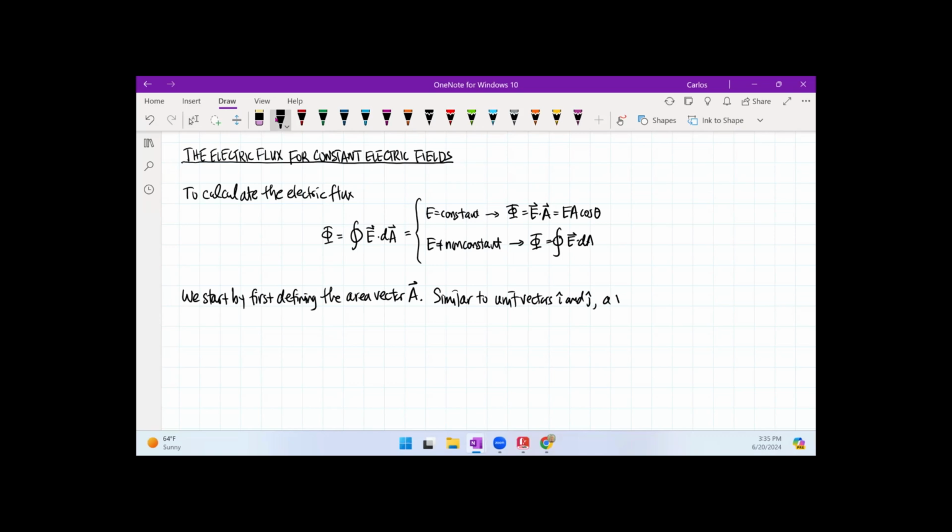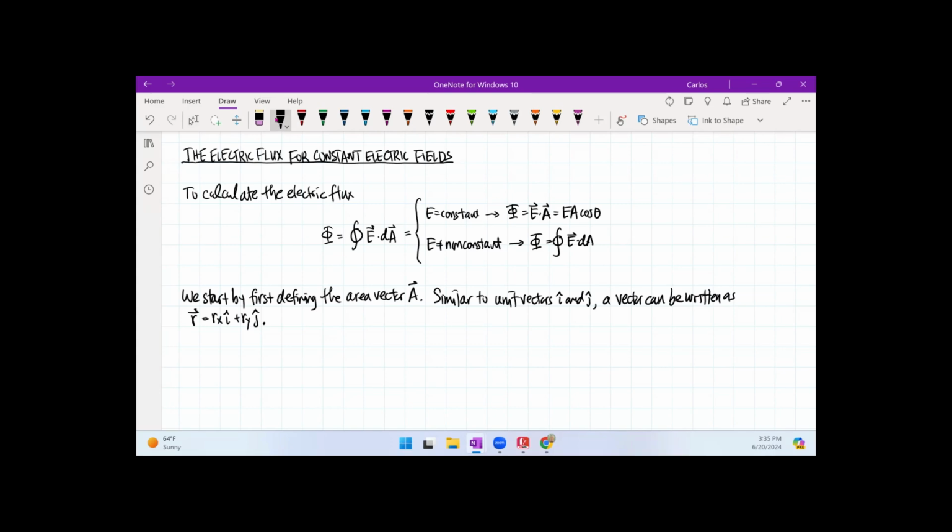A vector r can be written as r equals rx in the i direction plus ry in the j direction.